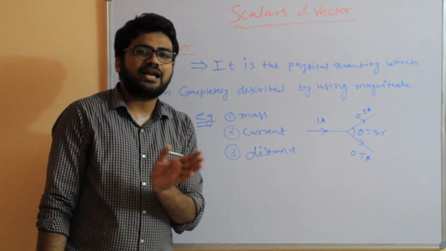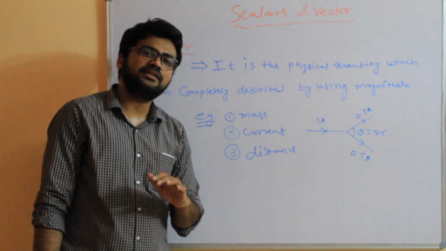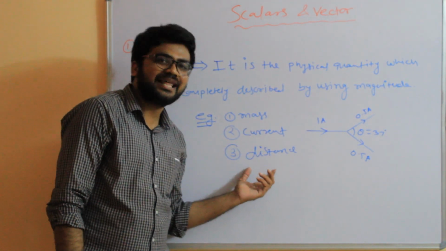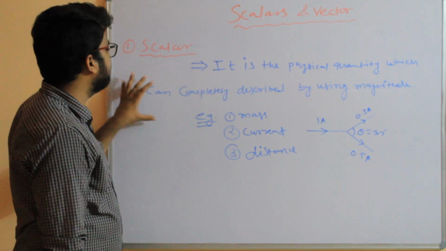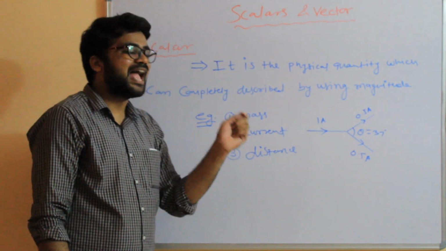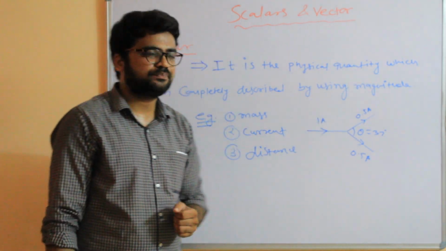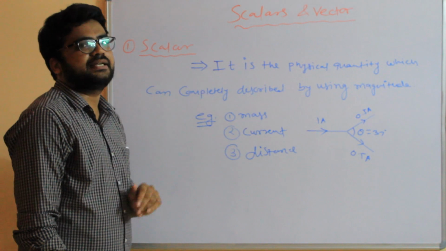So force dot displacement gives you work, and that is also a scalar quantity, right? So a scalar is a physical quantity which can be completely described by its magnitude and unit, and these are the examples.